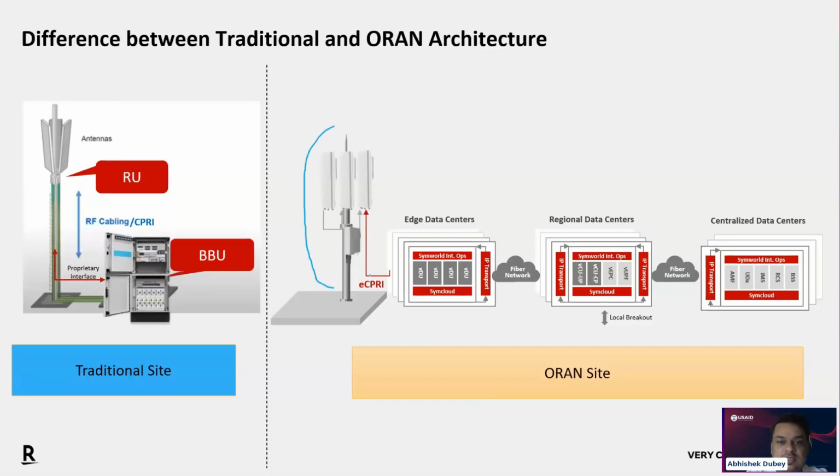So this part will be on the site, and this part will not be on the site, it will be in the data center. Okay, that could be an edge data center, regional data center, and centralized data center.